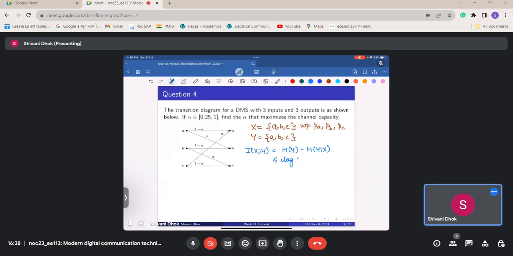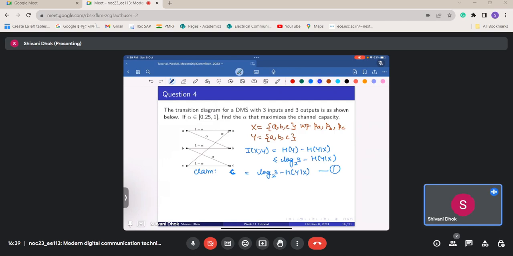So this will be log 3 to the base 2 minus H(Y|X), and note that log 3 to the base 2 is a positive quantity. So this is the maximum possible value, as the second quantity depends entirely on alpha. We'll see how that happens. So the claim is: channel capacity is equal to log 3 to the base 2 minus H(Y|X). Let me number it as equation 1.